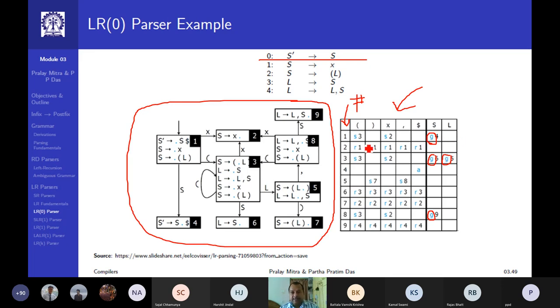And if it is a terminal, since there are two possibilities, shift and reduce, then mandatorily you have to mention whether it is S or R. Otherwise, if I use only 3, 2, 1, then I'll be confused whether it's a shift operation or a reduction operation. But for a non-terminal, it is always the go-to statement. That's why G is optional. You may write or you may not write.